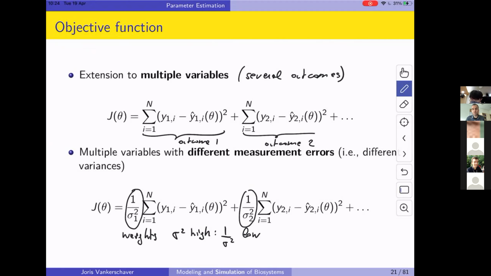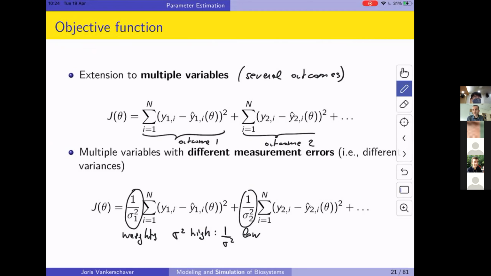Let's say we can only measure our weight up to 5 or 10 kilos, so relatively noisy. Then what we would probably want to say is that the terms associated with weight are relatively inaccurate, so give them less importance. Multiply them by a small number so that the noise doesn't dominate my objective function.